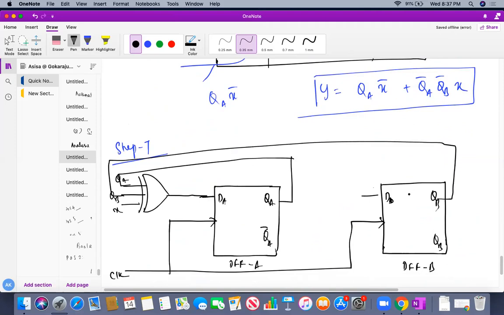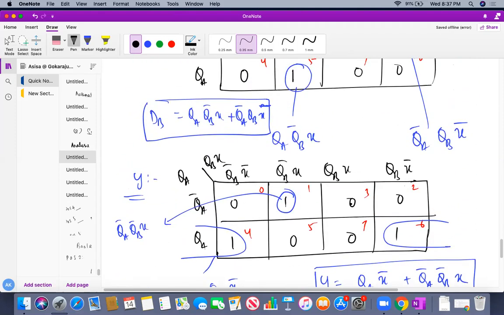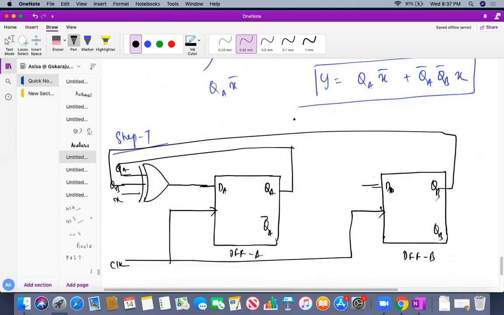Any doubt on this? Now what is my DB? My DB is QA QB bar X or QA bar QB X bar. So it requires two 3-input AND gates. This is one 3-input AND gate, this is another 3-input AND gate.